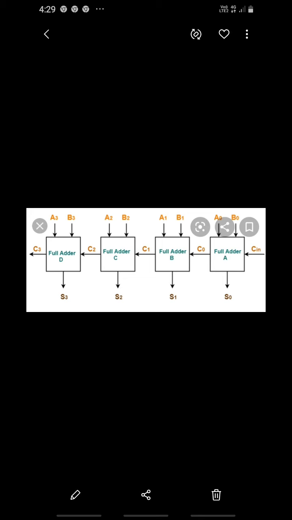So 0 plus 1, sum is 1, carry is 0 here. Again 1 plus 0 is 1, and carry is 0. So 1 plus 0 again 1 and carry is 0. And 0 plus 1 is 1, carry is 0, 1 plus 0 is 1 only.